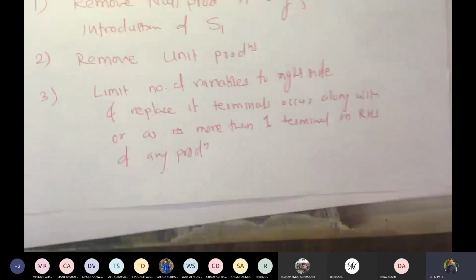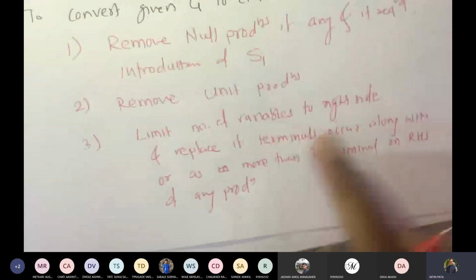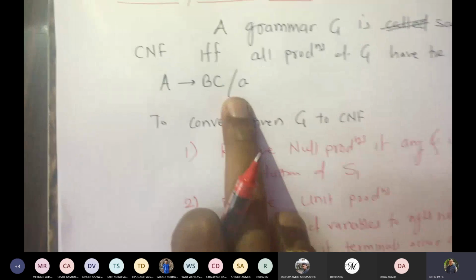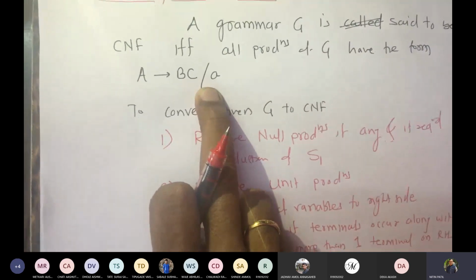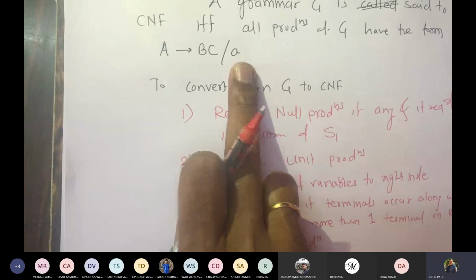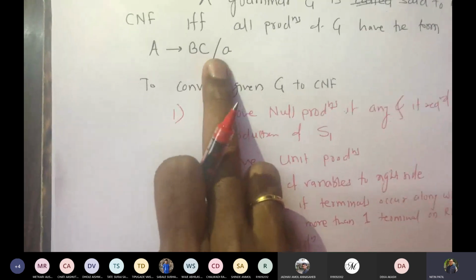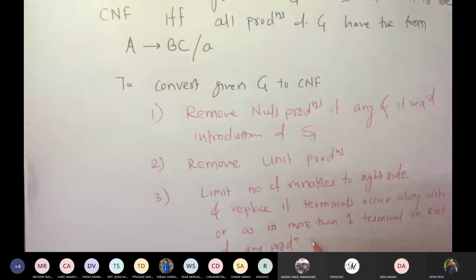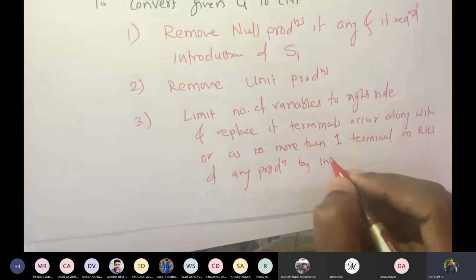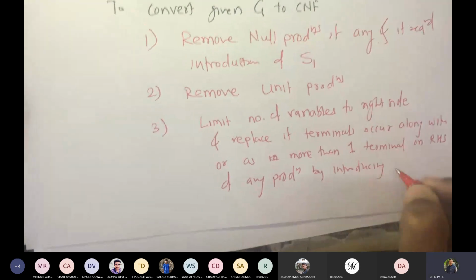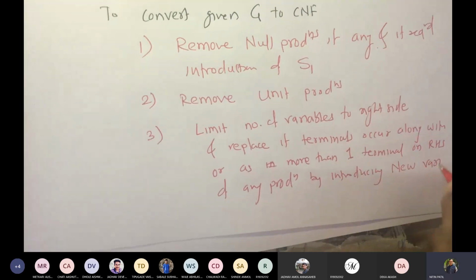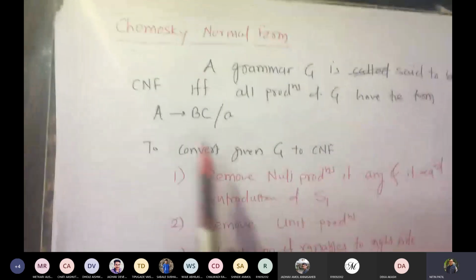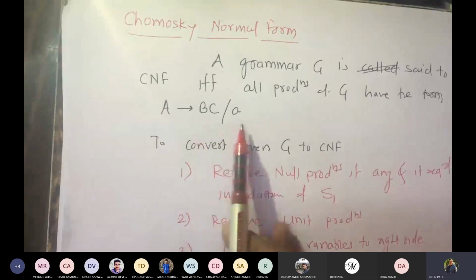We will understand this while I take an example, but let me tell you: limit the number of variables on the right side, and if there are more than one terminals on the right side, whether they are only terminals or occur with variables, then you are going to replace them by introducing new variables. Keep in mind that we want the whole grammar to have this kind of form.